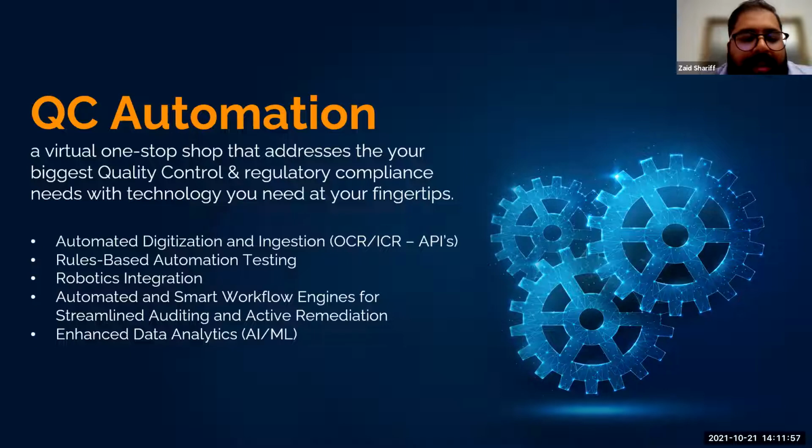We'll talk about robotics integration. Tools today need to have a layer of robotics integration into them. What that means is there are going to be areas where clicks need to happen, where documents need to be picked up and dropped, where recalculation needs to be performed.